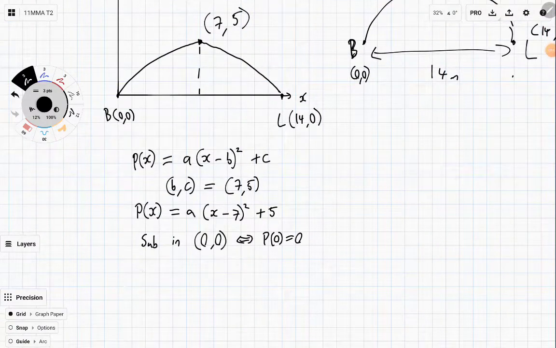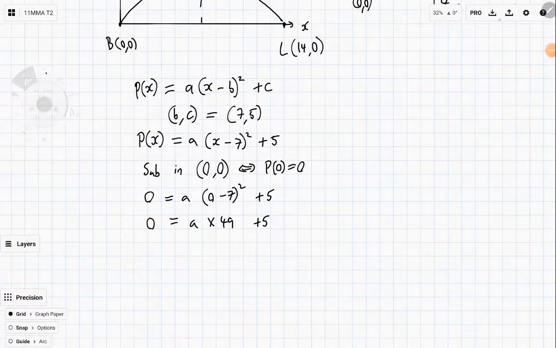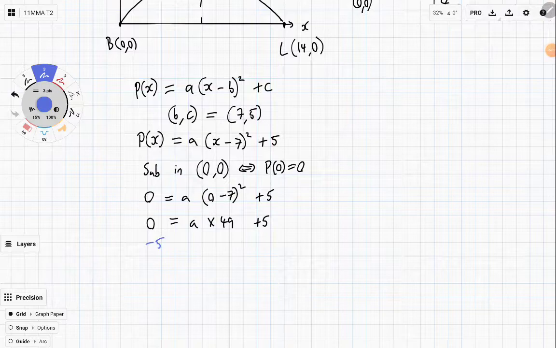So 0 is equal to a times (0 minus 7) squared plus 5. 0 is equal to a, negative 7 squared is 49, plus 5. Subtract 5 from both sides. Divide both sides by 49.